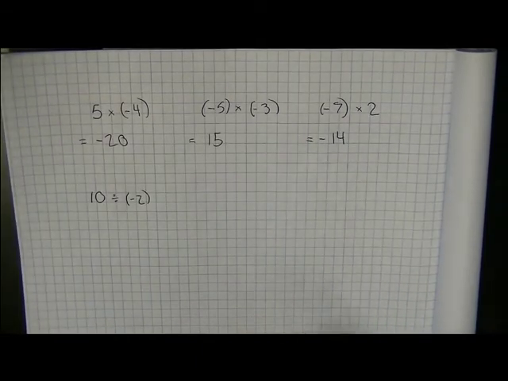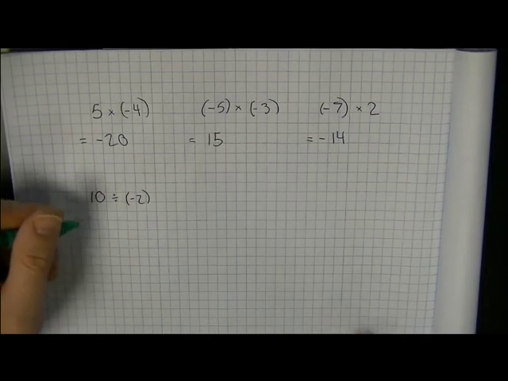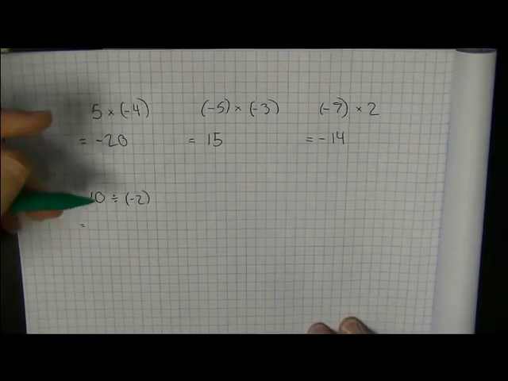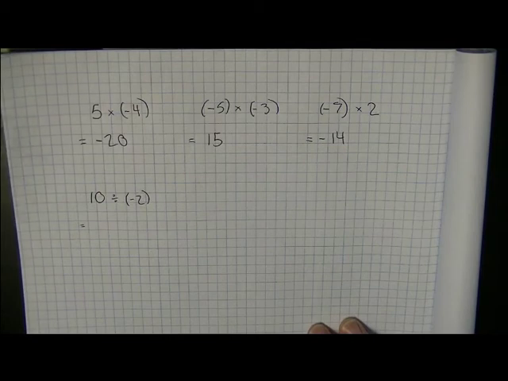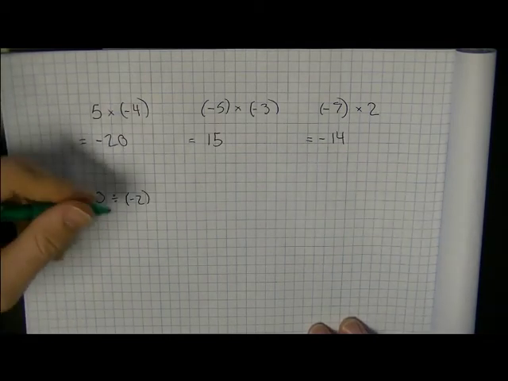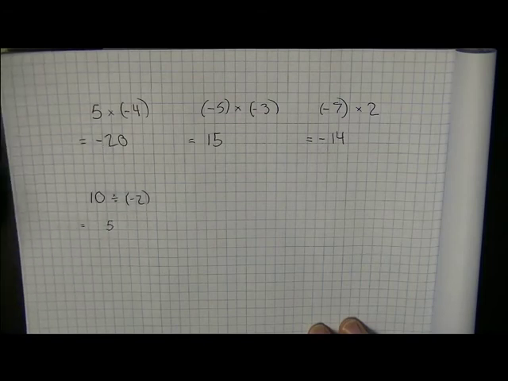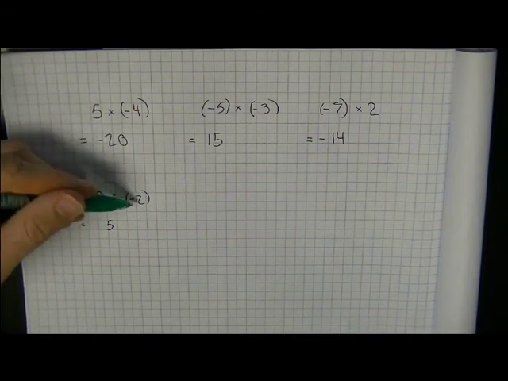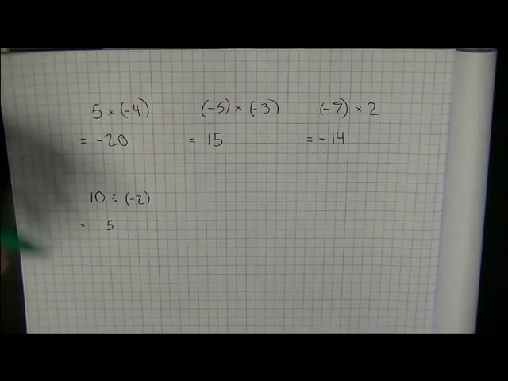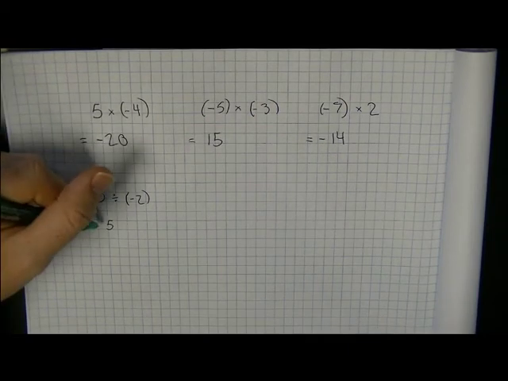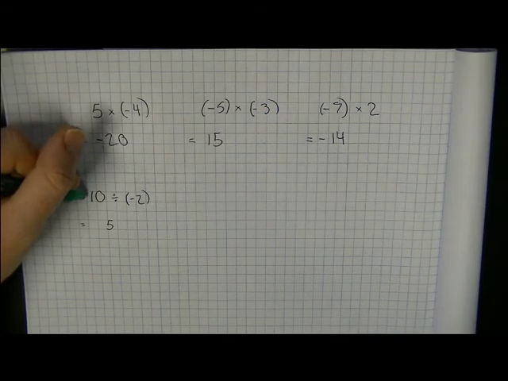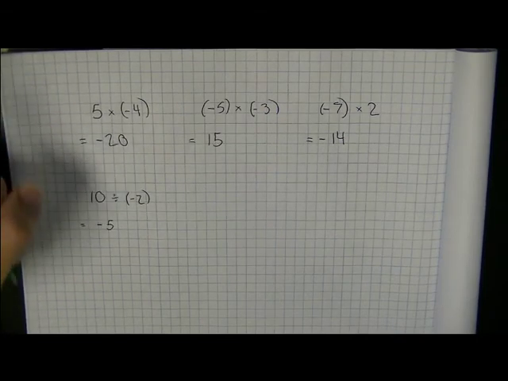Well, what we're asking is, what's 10 divided by 2? And then we're asking, is it going to be positive or negative, right? Well, 10 divided by 2 is definitely 5. If we're dividing by a negative, that will switch the sign, just like with multiplication. So the sign was positive, and now it becomes negative, right?